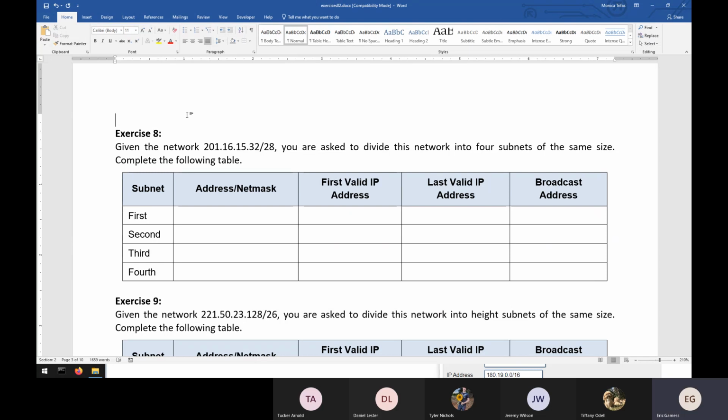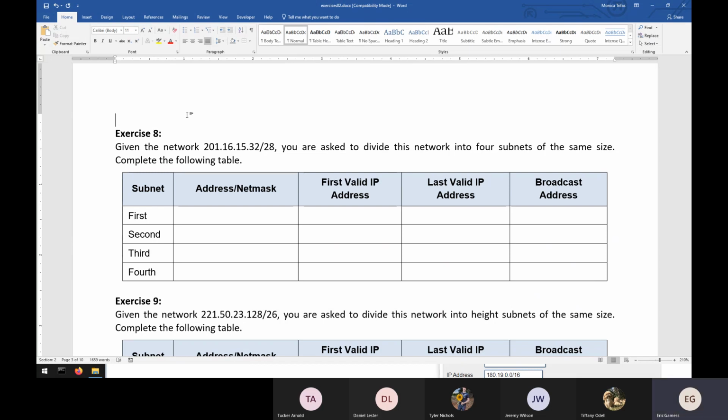If I divide an original network that has 16 IP addresses in 4 subnetworks of the same size, how many IP addresses will each subnetwork have? 4. Okay? So the magic number must be 4.